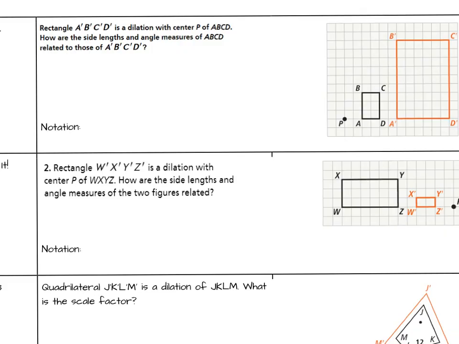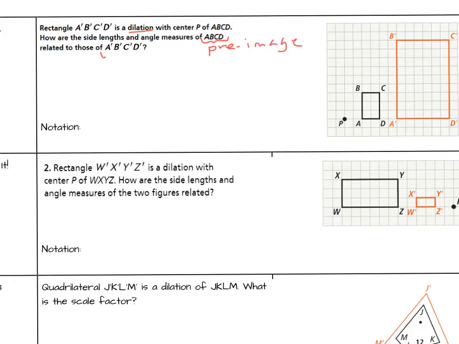It says rectangle ABCD prime is a dilation with center P of quadrilateral ABCD. How are the side lengths and angles of ABCD, which would be the pre-image, related to ABCD prime? So again, recognize that without the dashes, that's the pre-image.